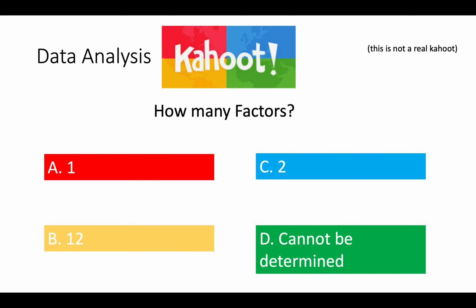So how many factors are there? It's a little tricky. Is there one factor? Are there 12 factors? Are there 2 factors, or it cannot be determined? Ooh, that's always an intriguing option.